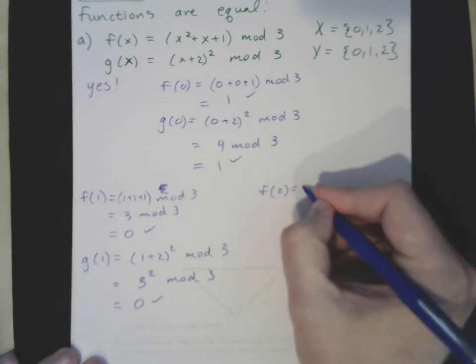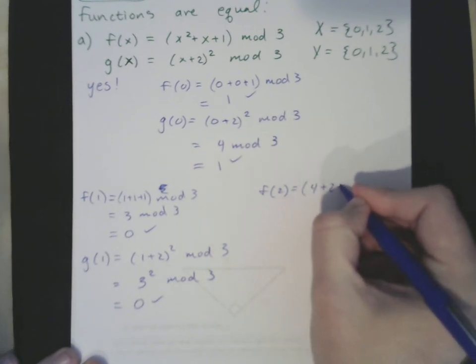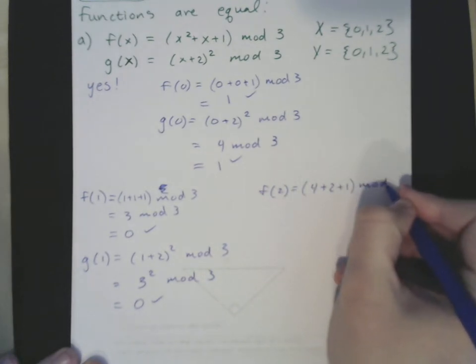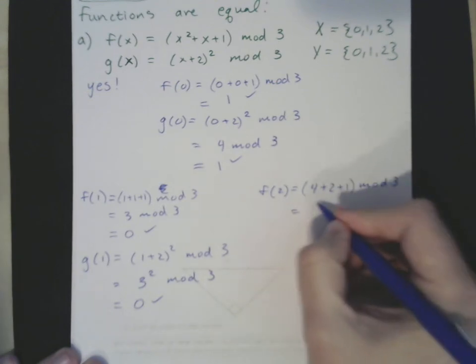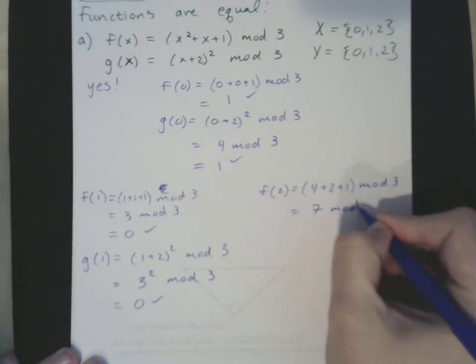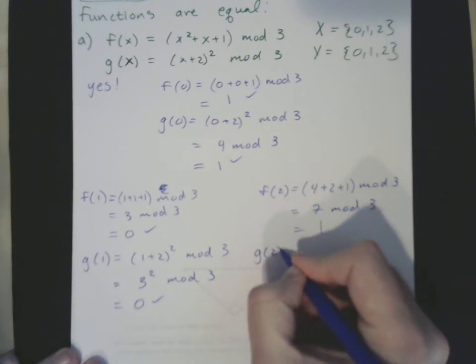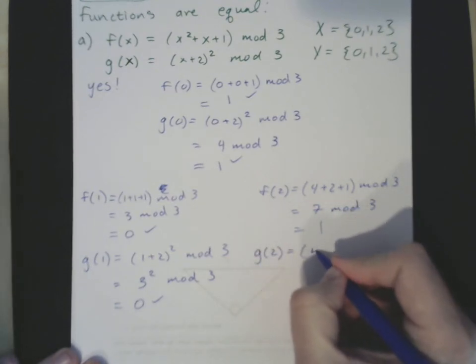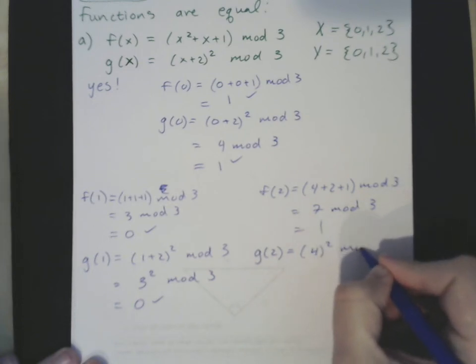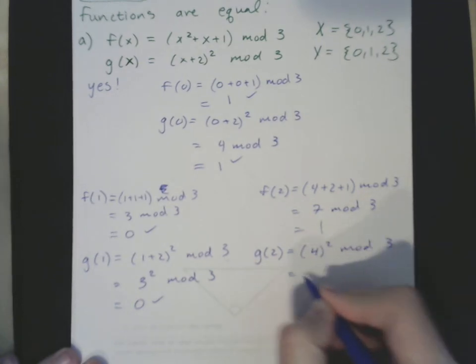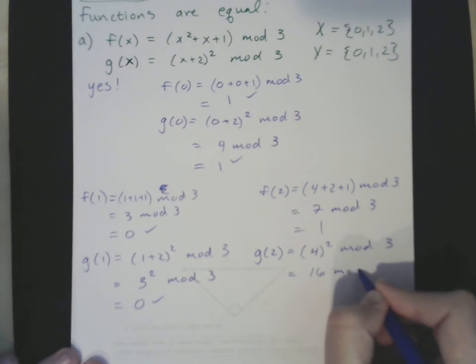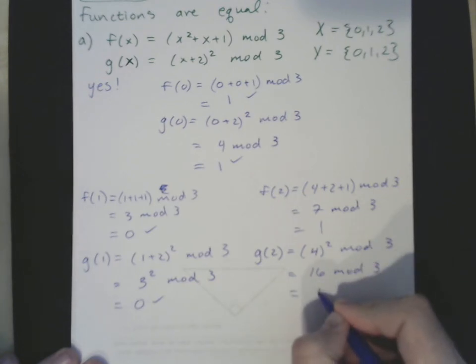F of 2 is going to be 4 plus 2 plus 1 mod 3, which is 7 mod 3, which equals 1. And G of 2 is 4 squared mod 3, which is 16 mod 3, which is going to be 1.